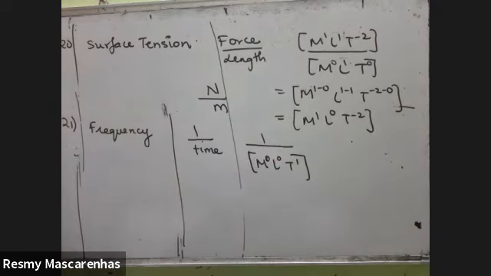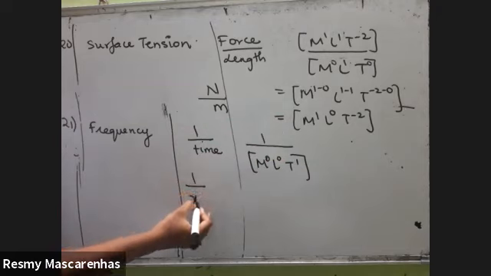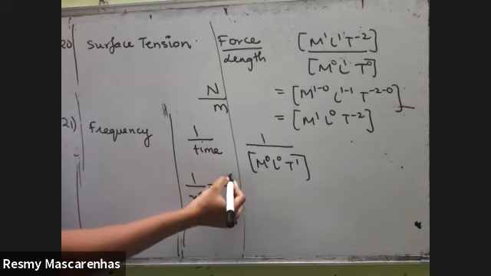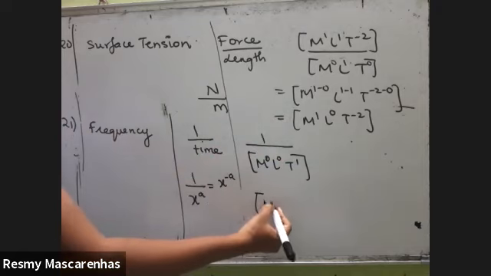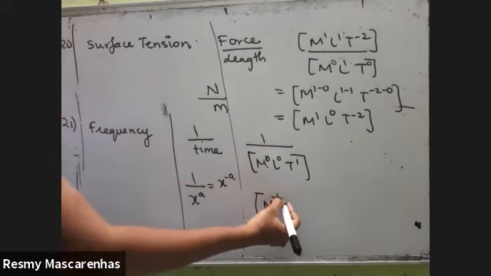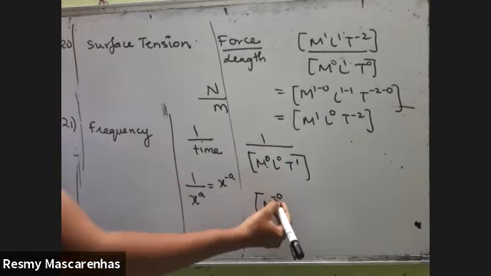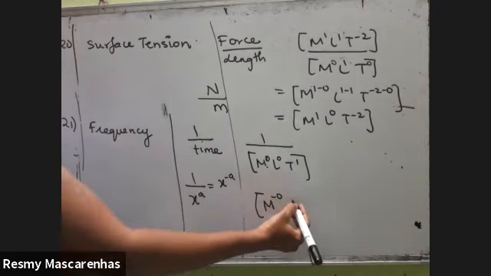You know that 1 upon x raised to a is x raised to minus a. The mass will become M raised to 0, which doesn't make a difference whether you write it or not. But this is important: T will go up and become minus. Your dimensions are M0, L0, T minus 1.